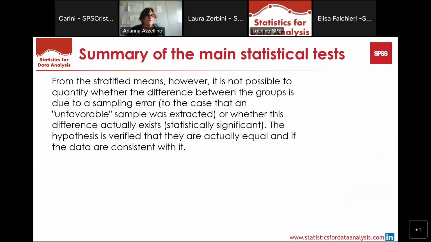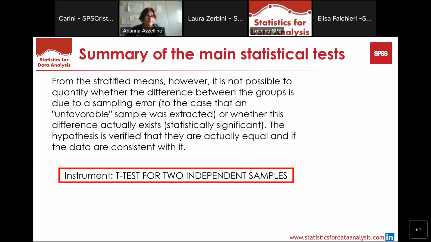Okay, so the first type of comparison I wanted to discuss is the independent sample comparison, meaning that we are going to compare two different sample means, wanting to test the hypothesis that these two means derive from the same data distribution.